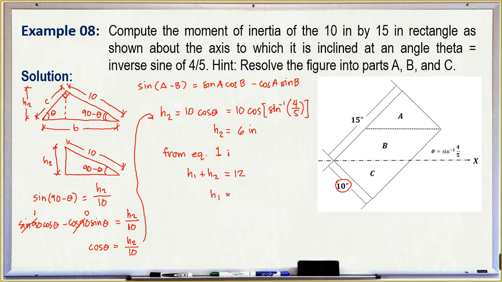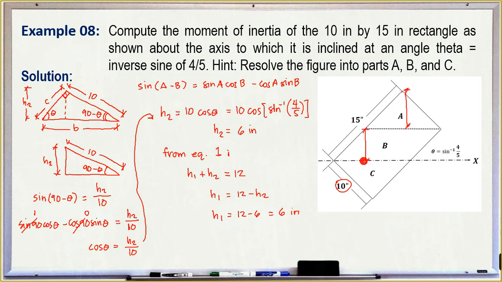Therefore, our height 1 is equal to 12 minus height 2, or simply height 1 is equal to 12 minus 6, which is equal to 6 inches. So we have proven that the height of this parallelogram is equal to the height of this triangle. They are the same since both are 6 inches.